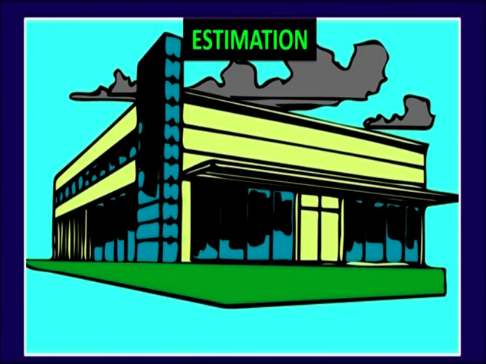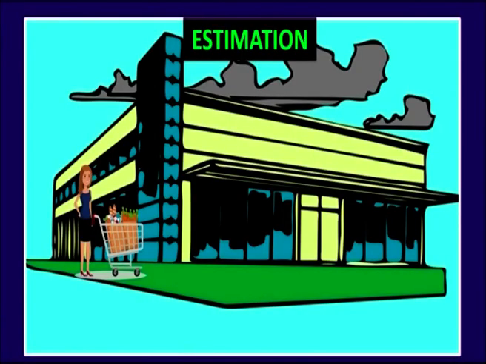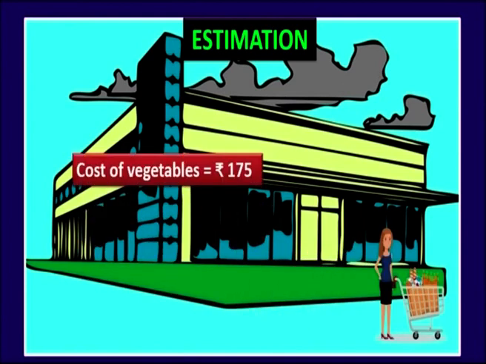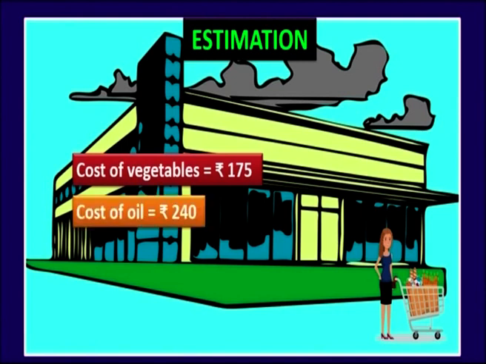We are going to learn about another interesting concept, that is estimation. So we have a lot of applications of this estimation in our day-to-day life. Okay children, let us see the concept now. So here is Lakshmi. She has come to shop some groceries, and after shopping the cost of vegetables is 175 rupees, whereas the cost of oil is 240 rupees.